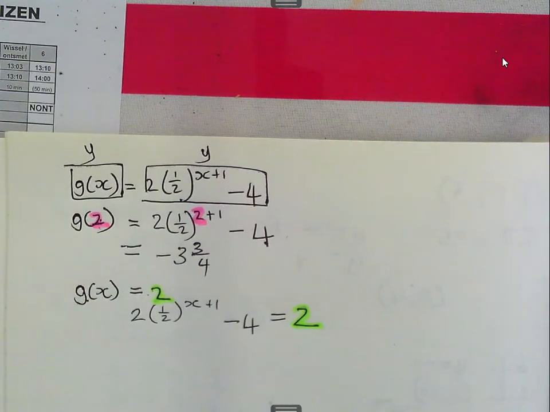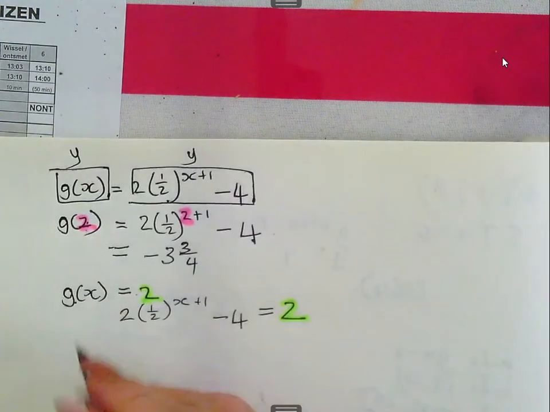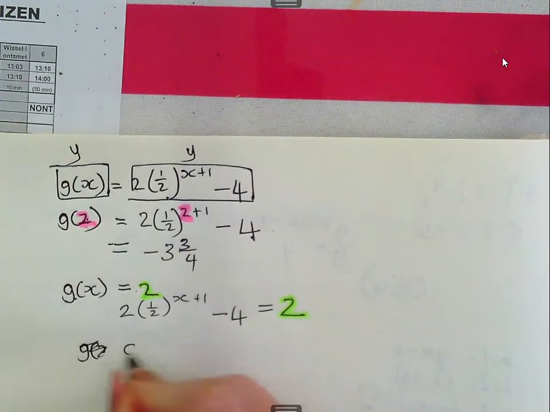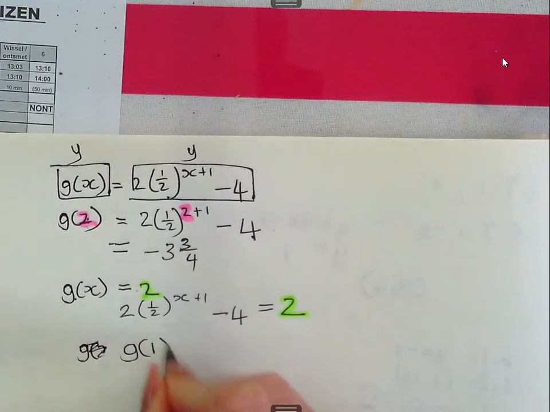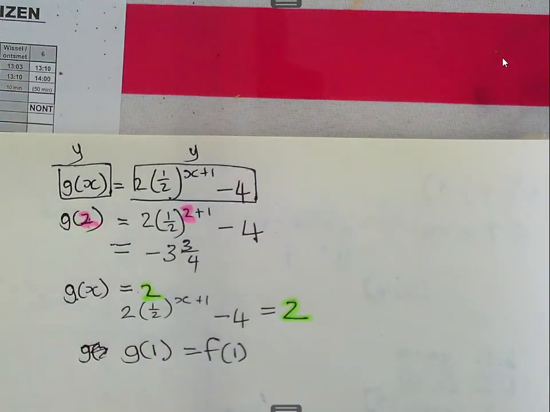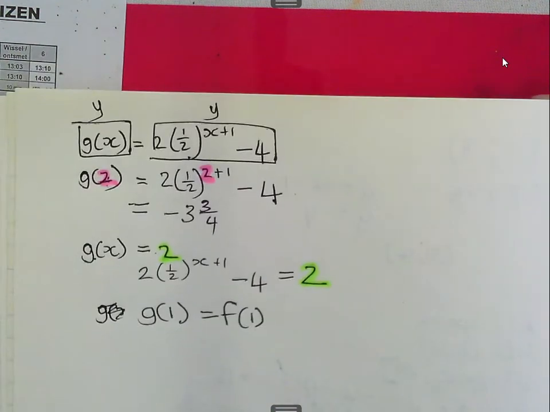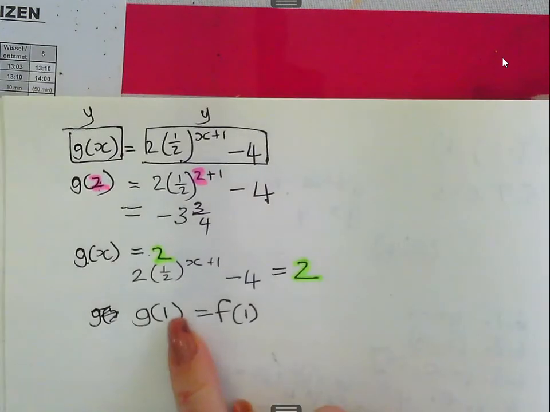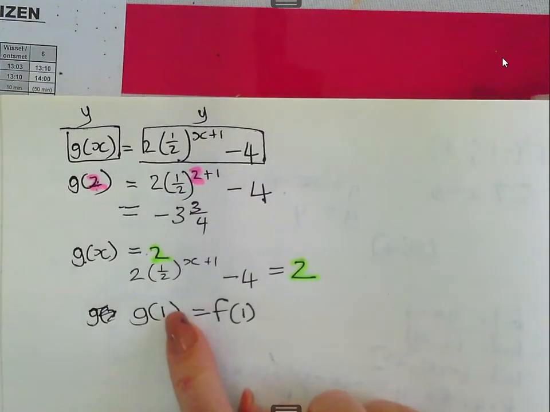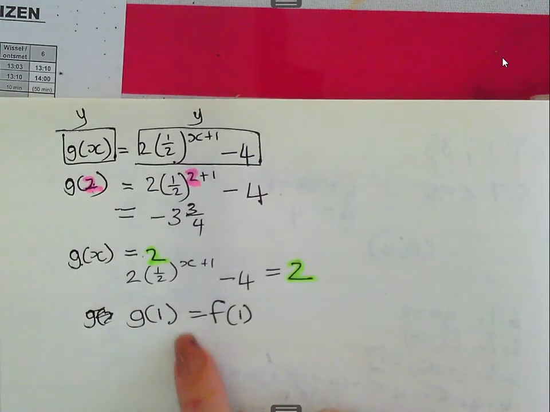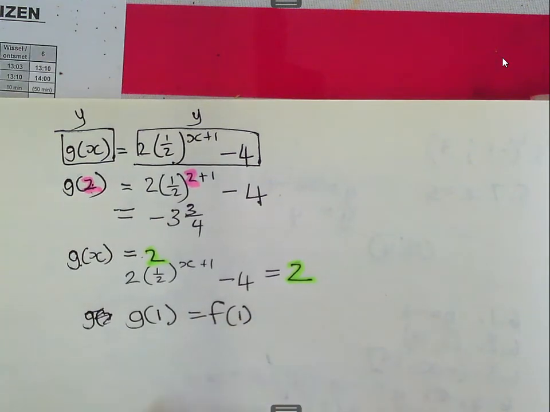Okay. So if I, for instance, write g of 1 is equal to f of 1. This is now mathematical language. What it means in English is where x is 1, the exponential function is equal to the quadratic function where x is 1 as well.